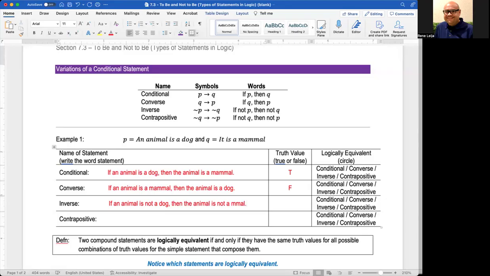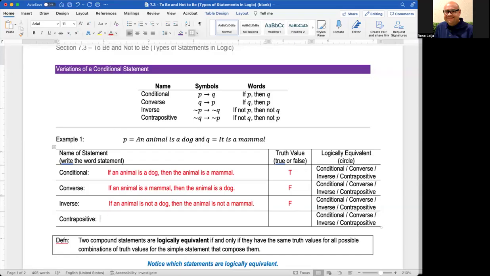If the animal is not a dog, then the animal is not a mammal. So if an animal is not a dog, so we can say a cat, then the cat is not a mammal. And that's false because the cat is a mammal. So that's a false statement.